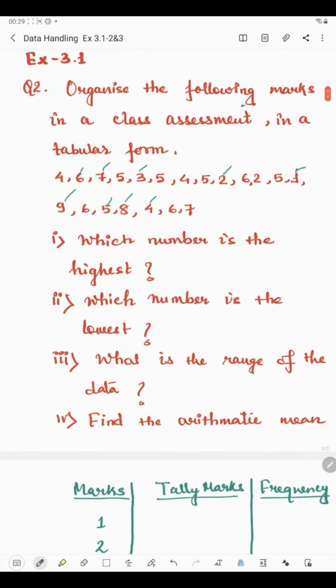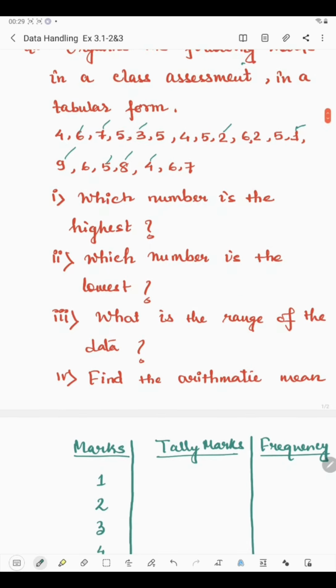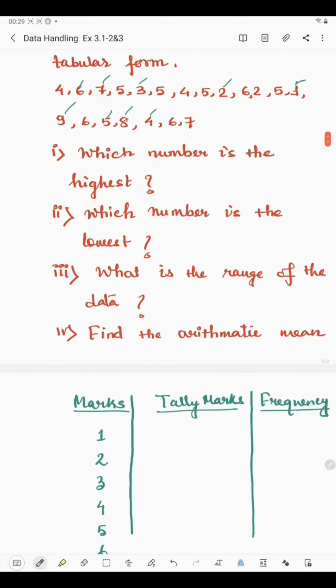Okay, we will not repeat the numbers, so these numbers are there in the data, so we have put the numbers under the marks column.